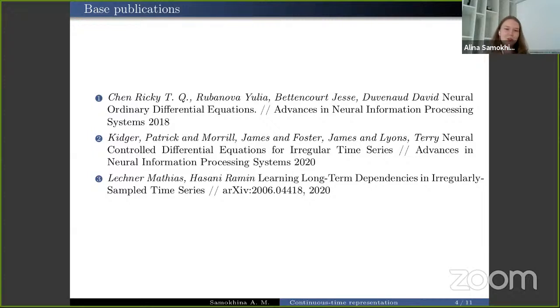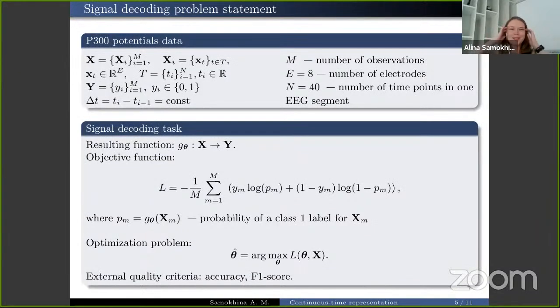And in the 2 other works, the authors tried to apply approaches from the first paper to irregular time series. But mostly the authors focus on some modeled data set, not real world data. So we will focus on real world data.